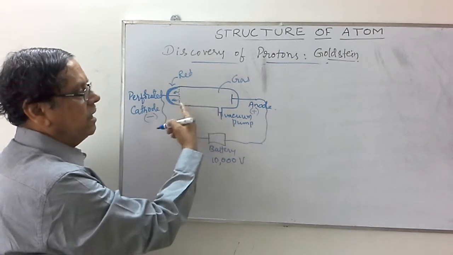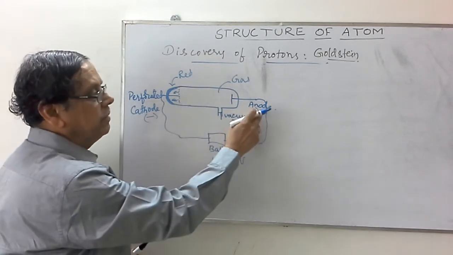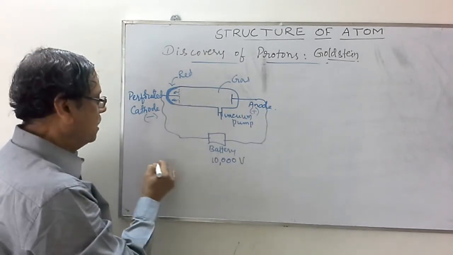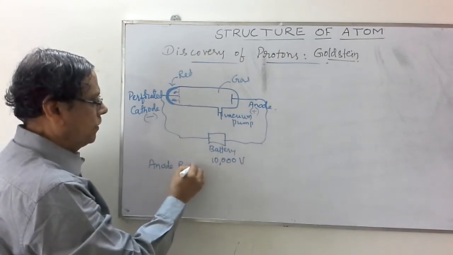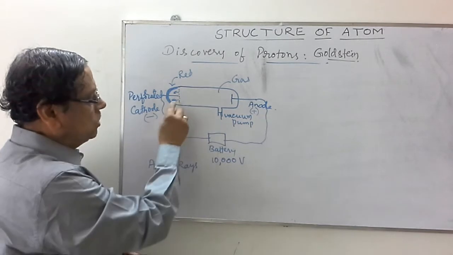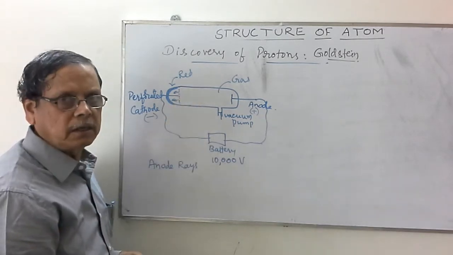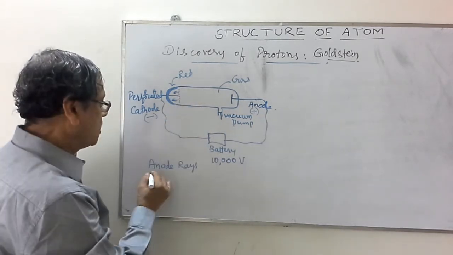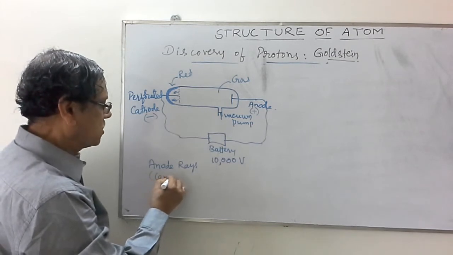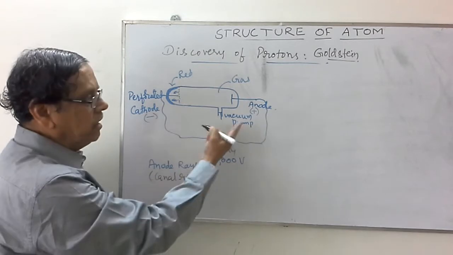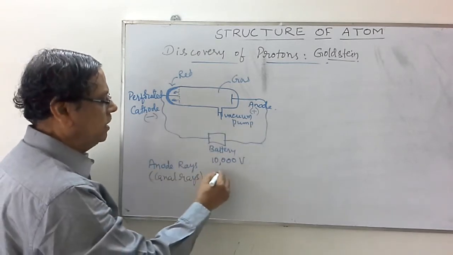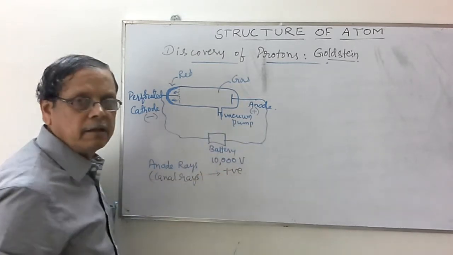These rays emitted from the anode are called the anode rays. Since they pass through these small pores, perforations, they are also named the canal rays. Since they move in the opposite direction, these carry the positive charges.